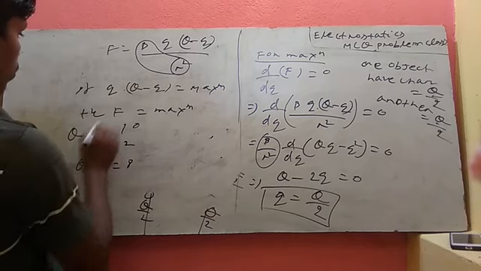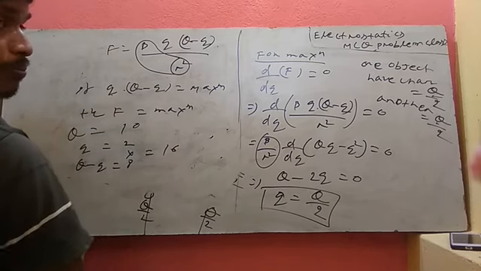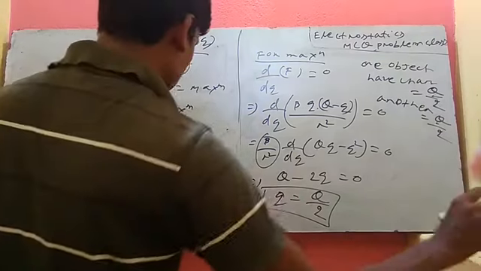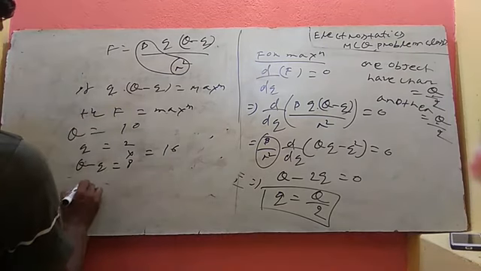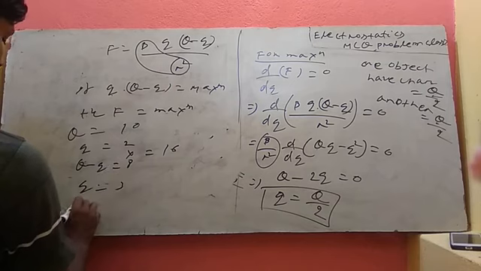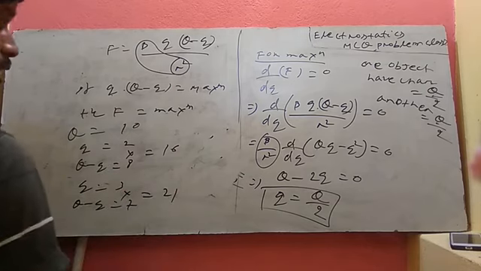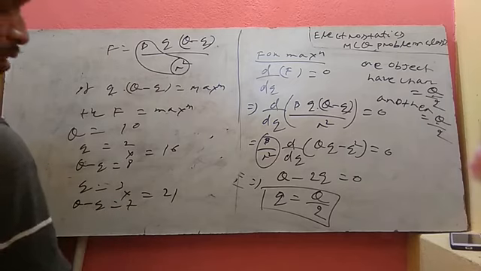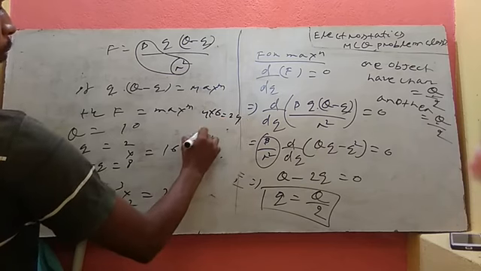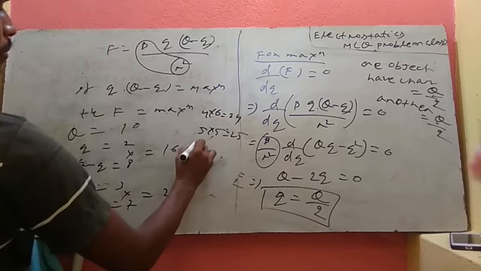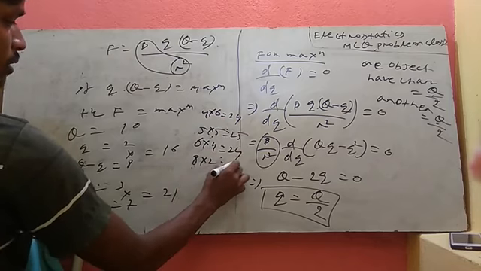But q into (Q minus q) is 2 into 8, 16. Similarly, q is 3, Q minus q is 7, 3 into 7 is 21. Similarly, 4 into 6 is 24. 5 into 5, 25. 6 into 4, 24. 8 into 2, 16.